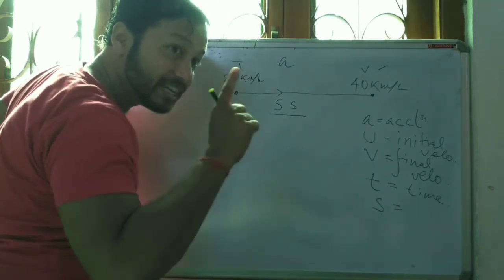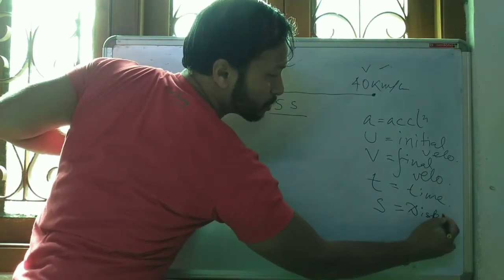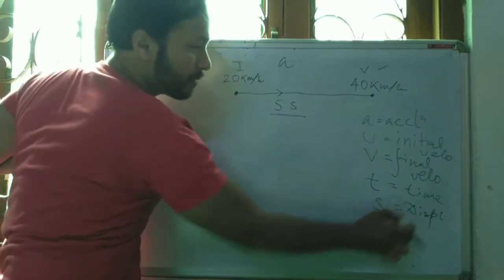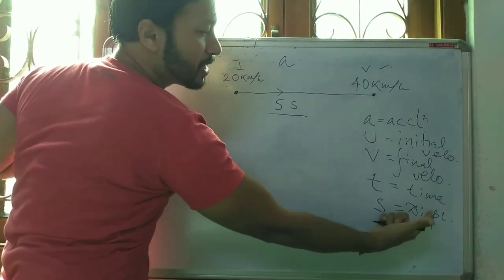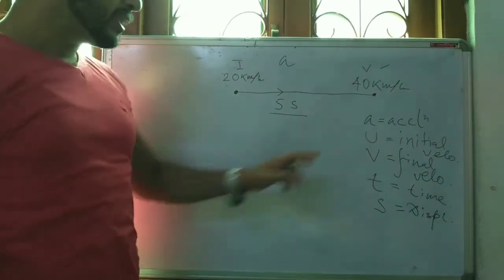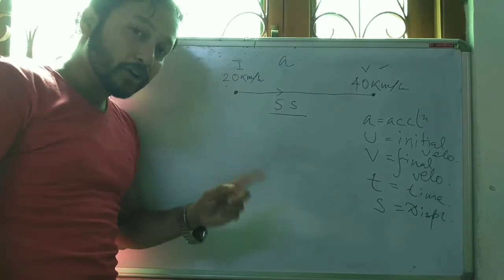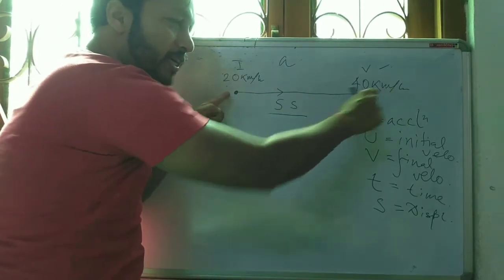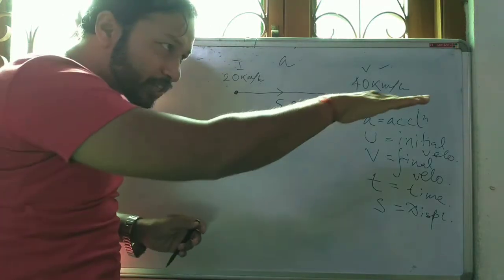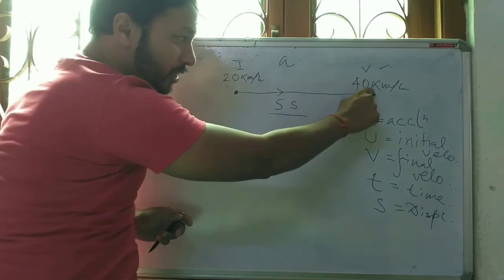S is distance, or displacement, whatever you write. Since the object is going straight, we'll consider it as displacement. So these are the terms which we require to form the equations of linear motion. Linear motion means the object is going straight, not curved.